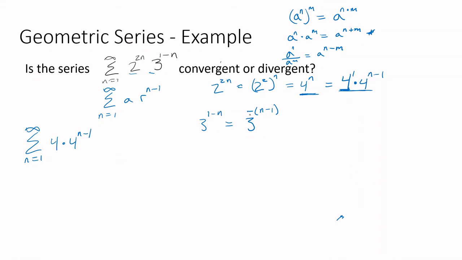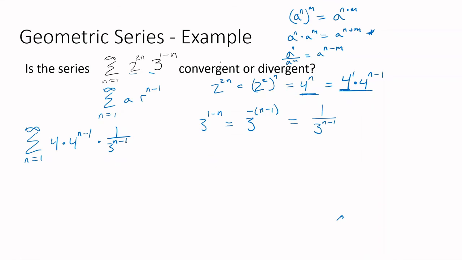Okay, but then I know what happens here, right? A negative exponent, I can get rid of by moving what I have to the bottom. And there we go. I've got something to the n minus 1 power. So let's put that into our series.